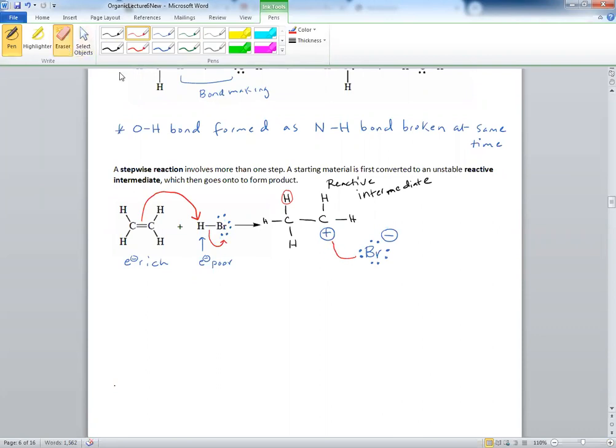Now, of course, I don't like doing this. I'm just going to point this lone pair to the carbon rather than to the positive charge, because sometimes you might think that the positive charge is simply an empty space. So again, notice how the electrons now went from the bromine to the carbon. This lone pair formed a bond. Therefore, now your final product would look like this.